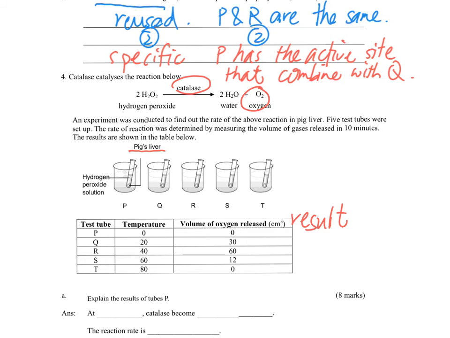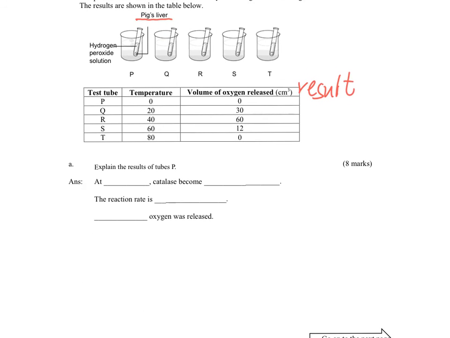Let's see question A. Question A is talking about tube P. The experiment is under 0 degrees Celsius. So at 0 degrees Celsius, or you may say low temperature, the catalase, the enzyme, becomes inactive. The reaction rate is very low and no oxygen was released.